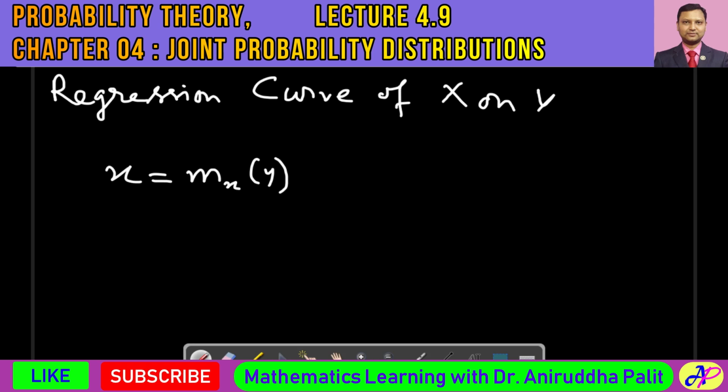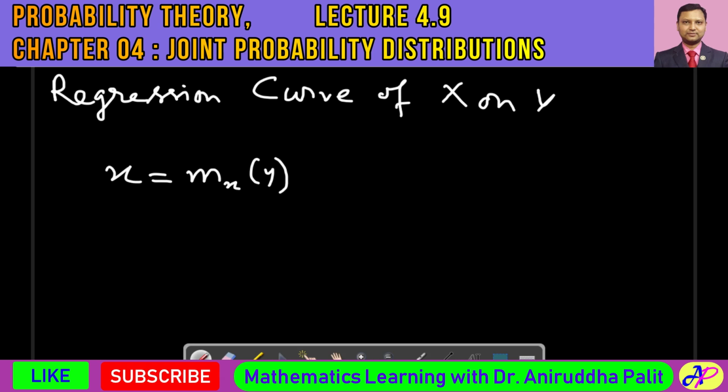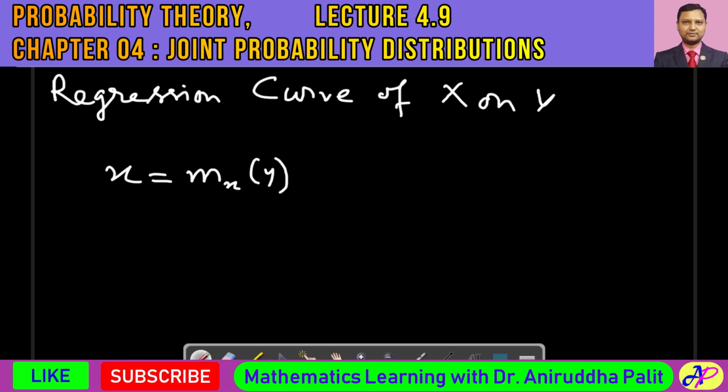Now we are going to compute the regression curves of x on y and y on x in case of bivariate normal distribution.